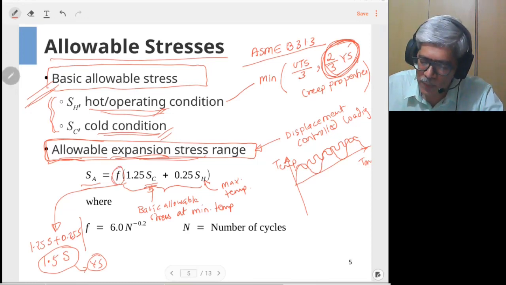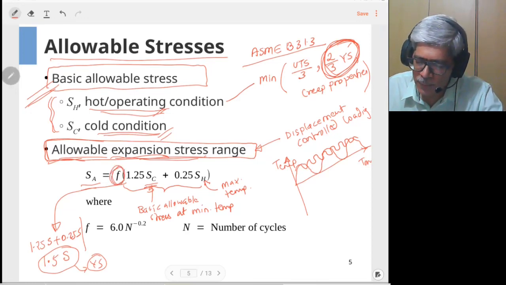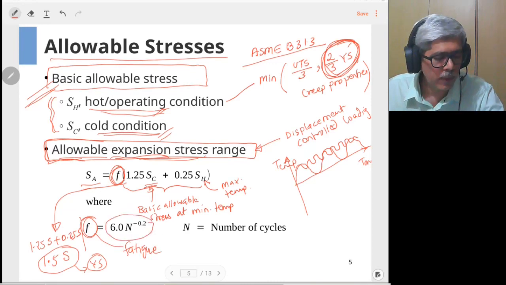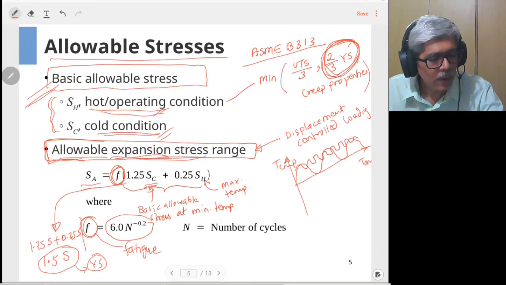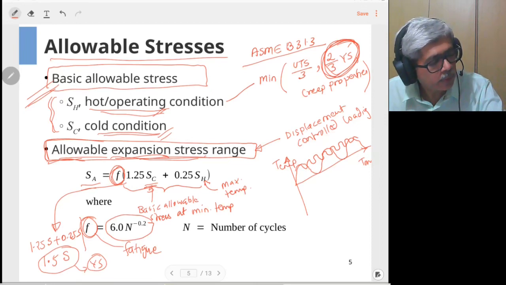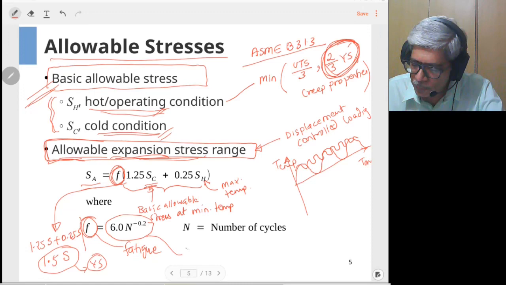Okay, now let's understand what this factor F is. This factor F takes into account the fatigue aspects. So this factor is given by the formula which is shown here. This particular formula is coming from ASME B31.1.